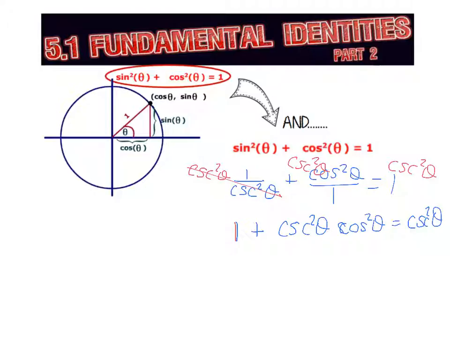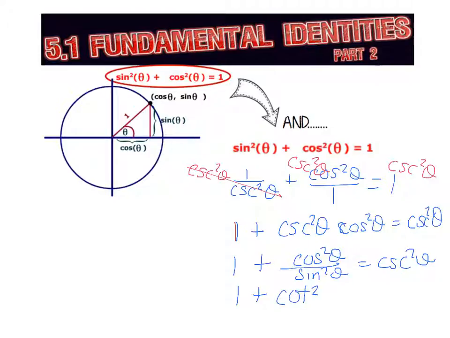And then I want to try to simplify this a little bit, and remember that cosecant is really just the 1 over sine squared. I could look at this cosecant as a 1 over sine squared times a cosine squared, and that would multiply together as a cosine squared theta over a sine squared theta, which in turn is really just cotangent squared theta.